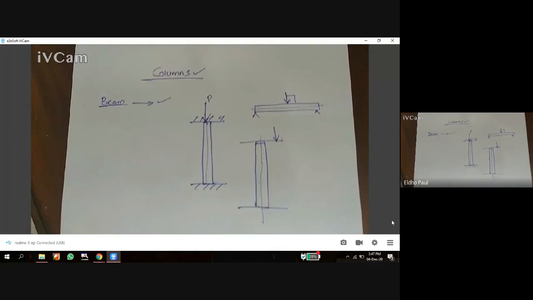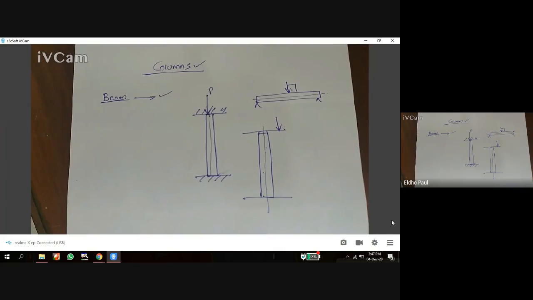A column is a member in a structure which is subjected to axial compressive load. The pillars in your house are all columns. The column is subjected to compressive load, not tensile load.